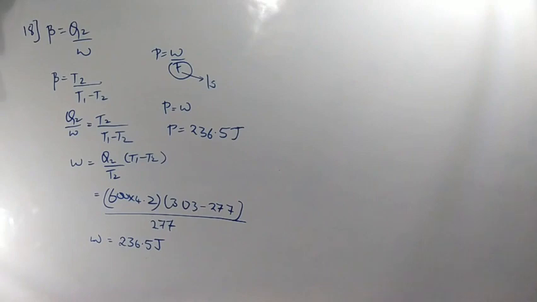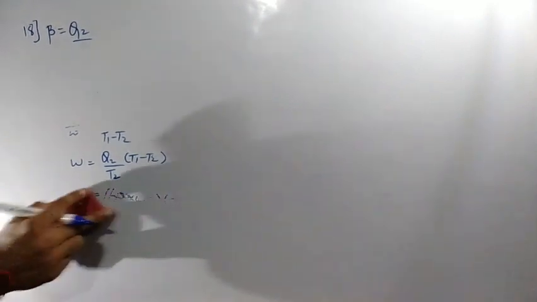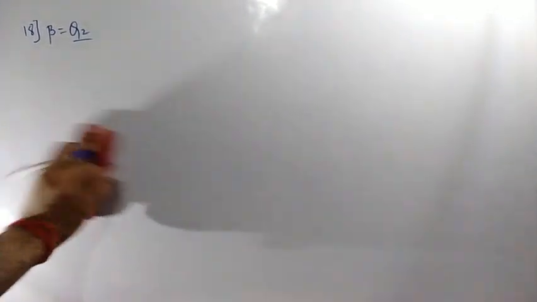And next, 20th question. A Carnot engine having an efficiency of 1/10 of a heat engine is used as a refrigerator.